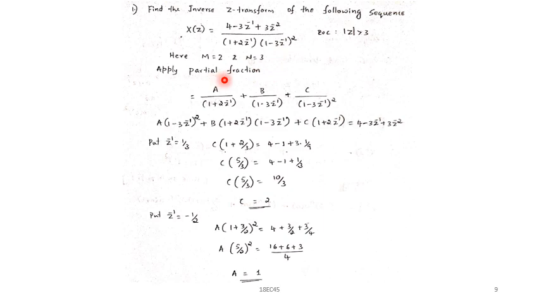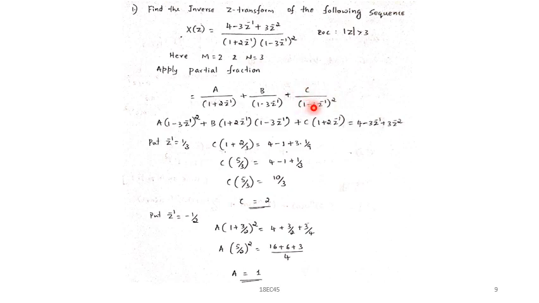Now to solve this problem using the partial fraction method, I write X of z is equal to A divided by 1 plus 2z inverse, plus B divided by 1 minus 3z inverse, plus C divided by 1 minus 3z inverse whole square. Because of the square, I take one more constant.